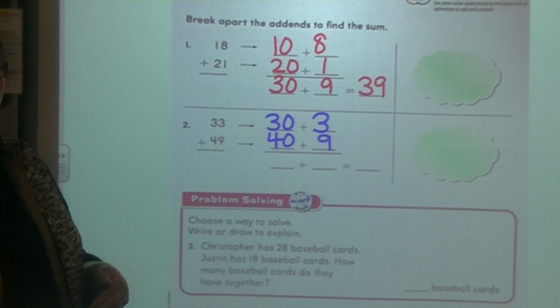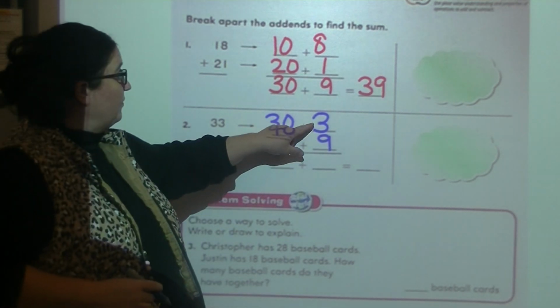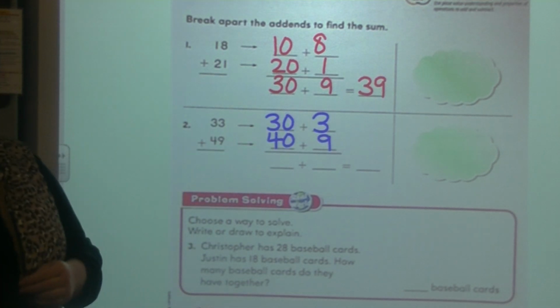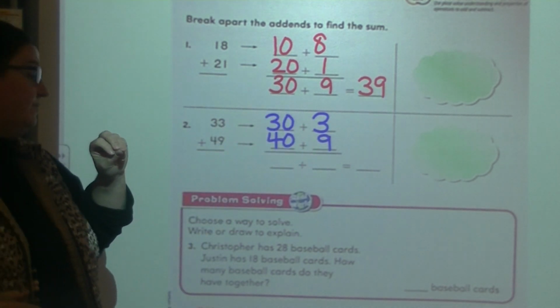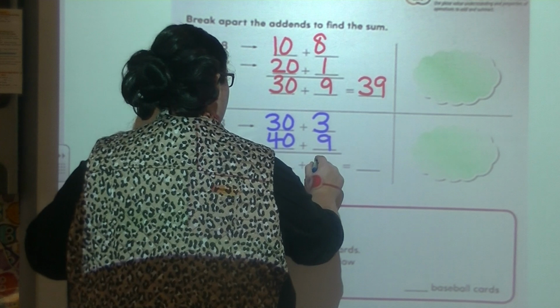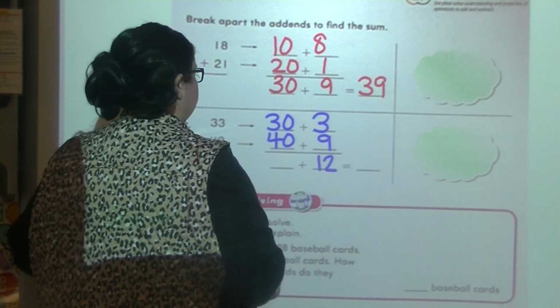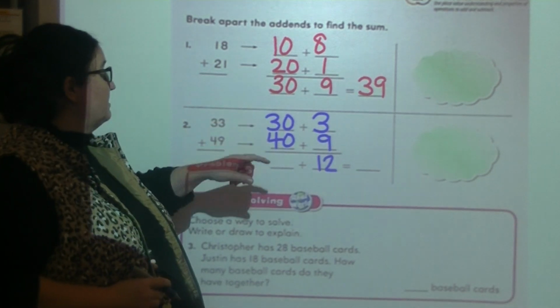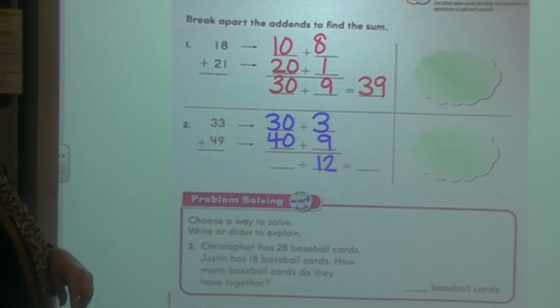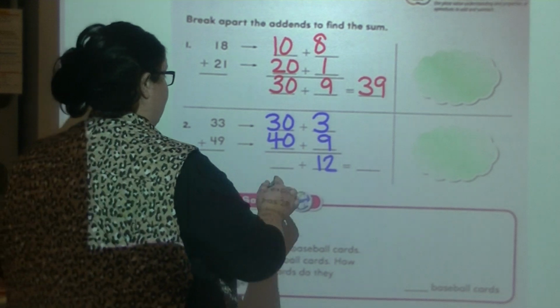Right, we add our ones. 3 plus 9 is 9, 10, 11, 12. And then we have our tens column. 30 plus 40 is 70.